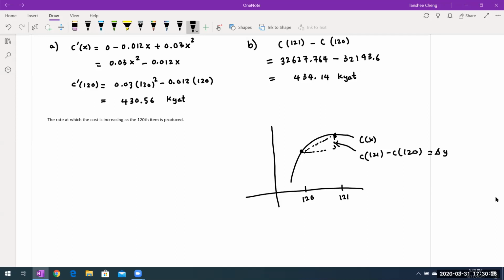And how much that changes, we can already see, is very close to the slope of the tangent line, which is the instantaneous rate of change at this point right here, C prime of 120. So we know that these two values are very close. Later on, we're going to talk about derivatives and how to approximate the function value in section 2.9, which is about approximations.